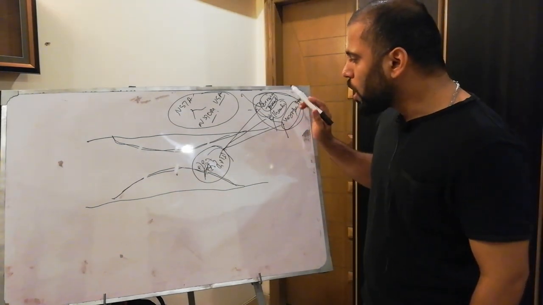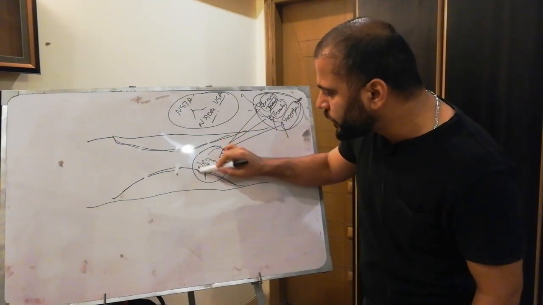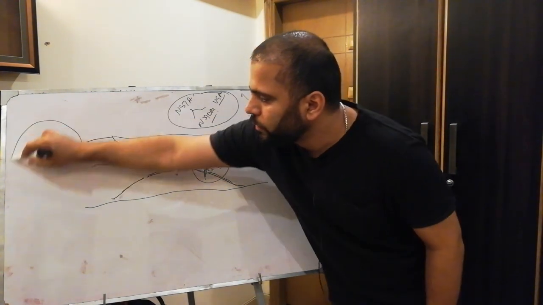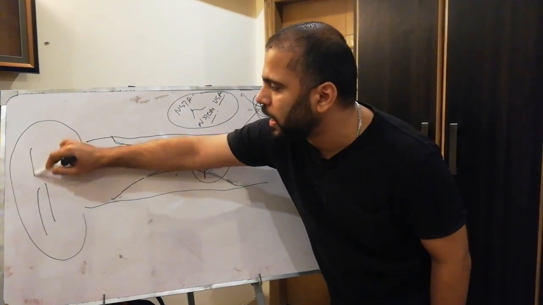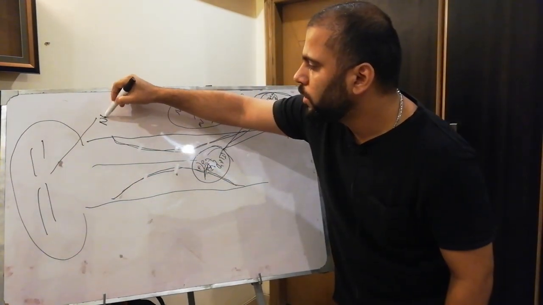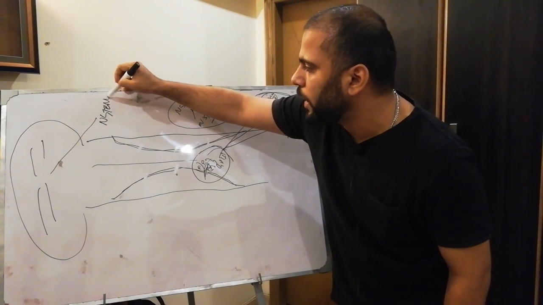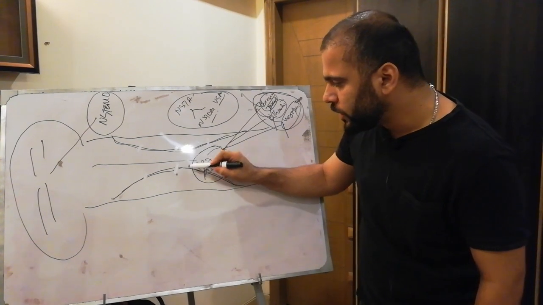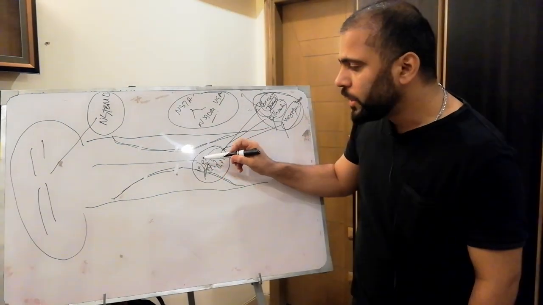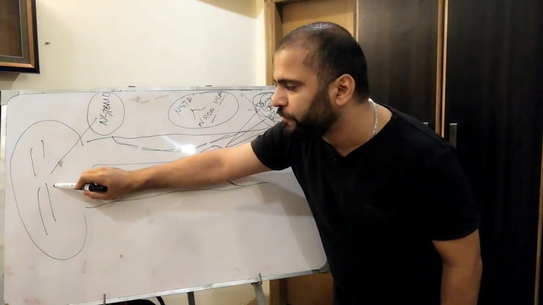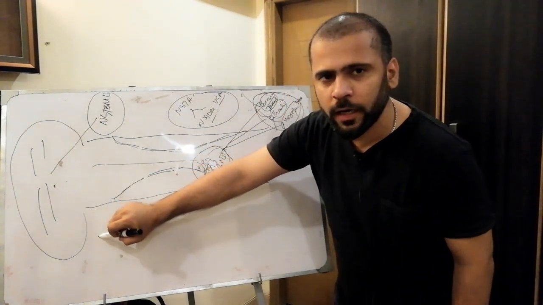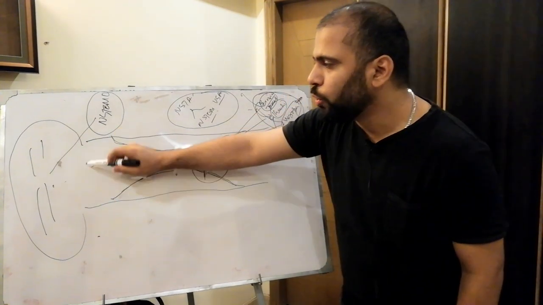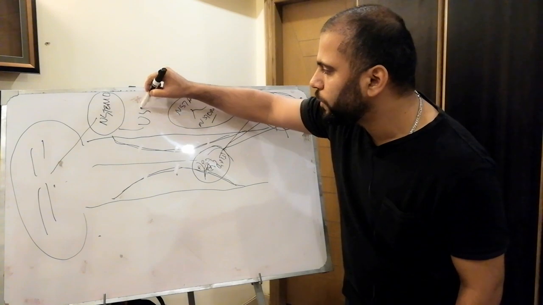So if this disruption causes infarction in the heart, it would be non-ST elevation MI. If this disruption occurs but the myocardial infarction is yet to be done, it would be unstable angina.